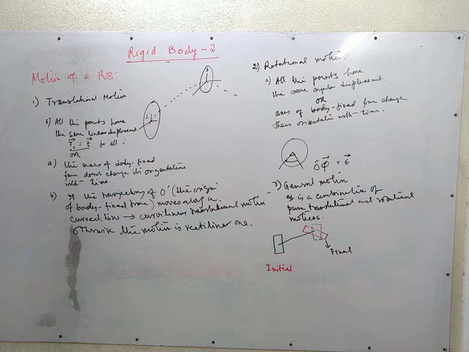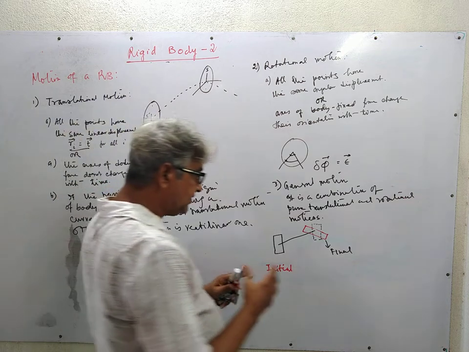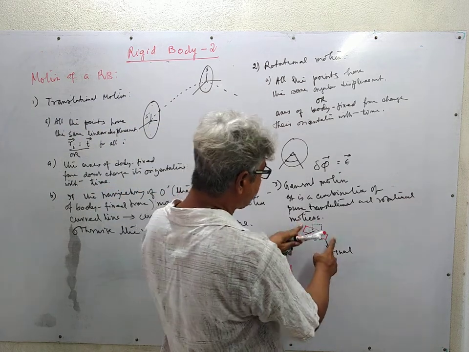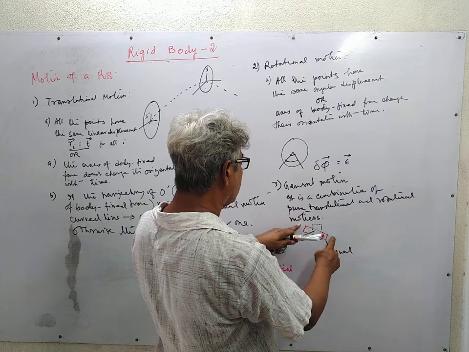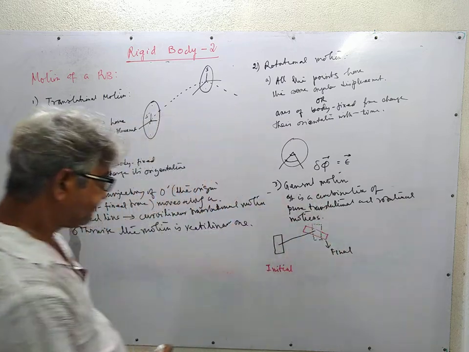Now we shall justify that the general motion of a rigid body can be decomposed into a rotation plus a translation. We shall justify this by mathematical treatment. So this is the initial configuration, this is unprimed, and this final configuration is denoted by prime coordinates.